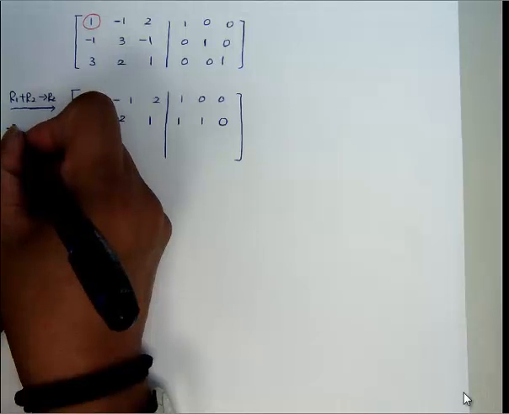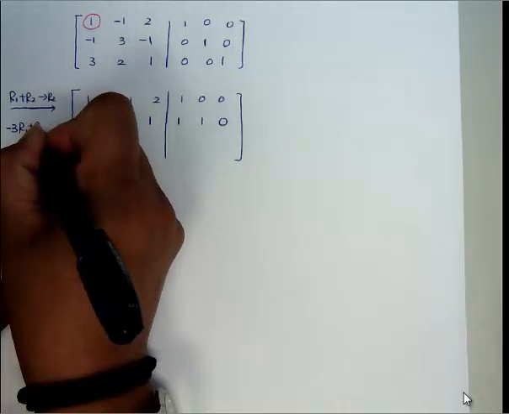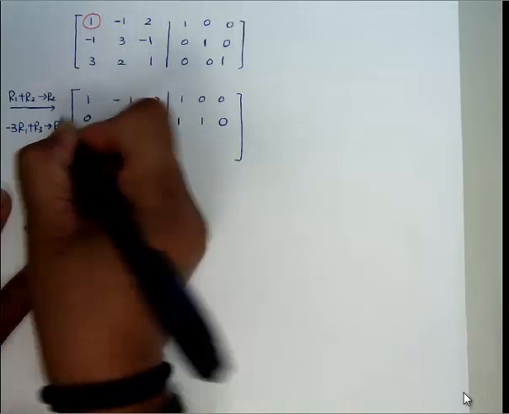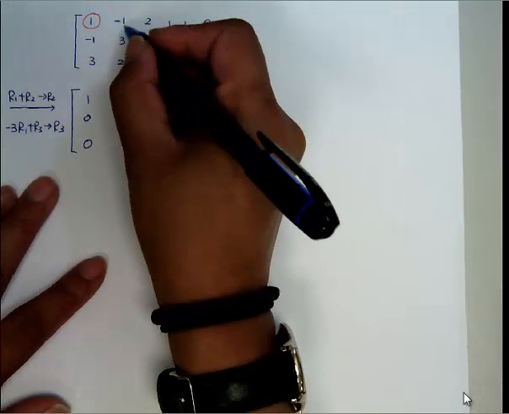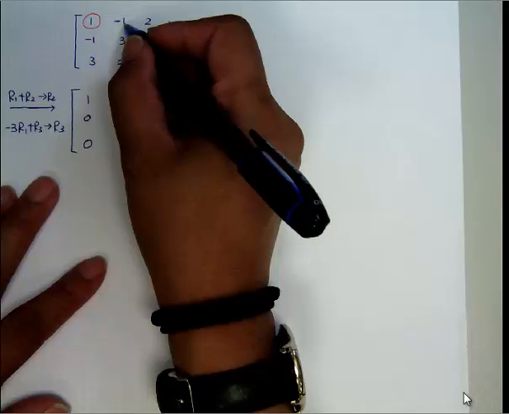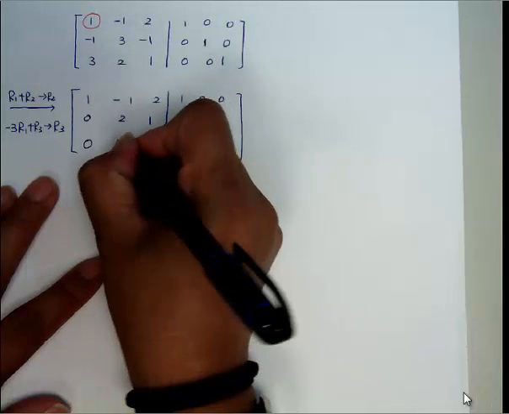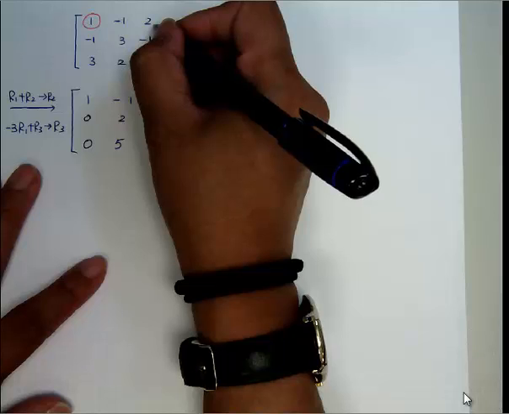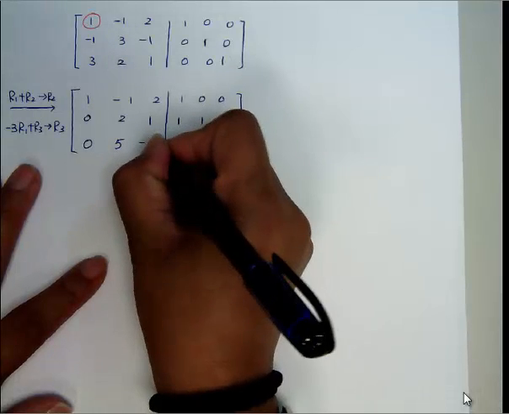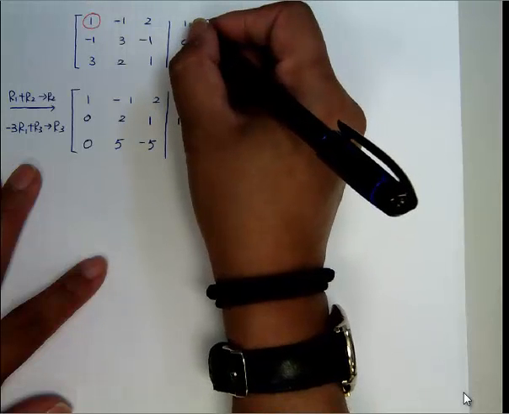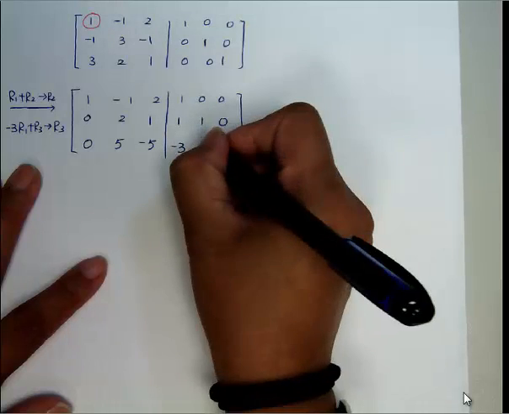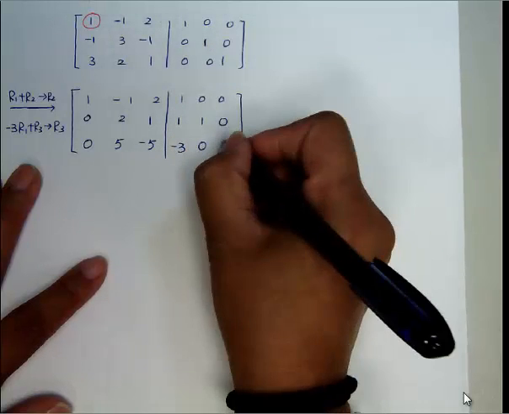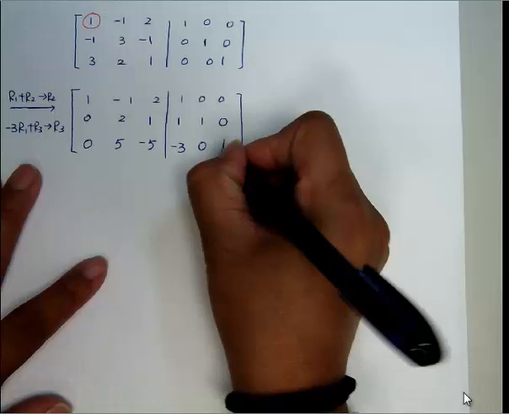So negative 3 times row 1 added into row 3 replaces row 3. 3 plus negative 3 is 0. 2 plus negative 3 times negative 1 is 5. 1 plus negative 3 times 2 is negative 5. 0 plus negative 3 is negative 3. 0 plus 0 is still 0. 0 plus 1 is 1.